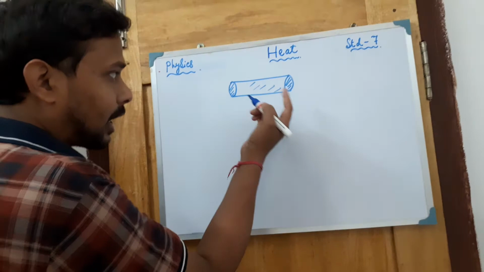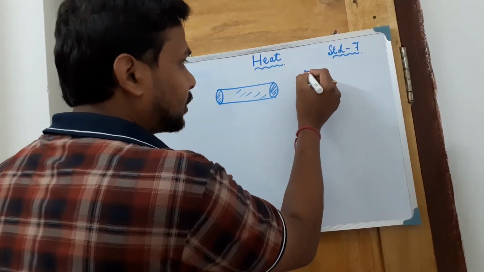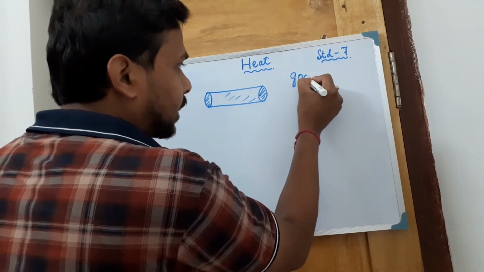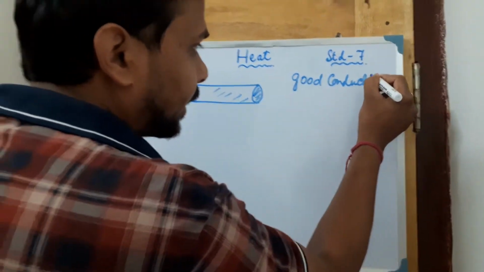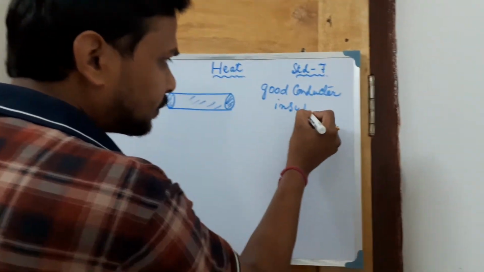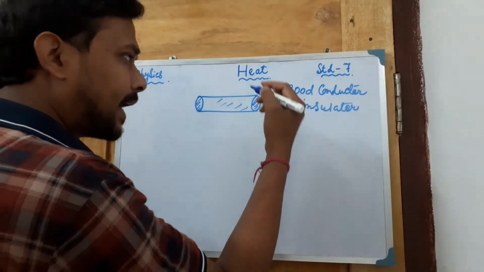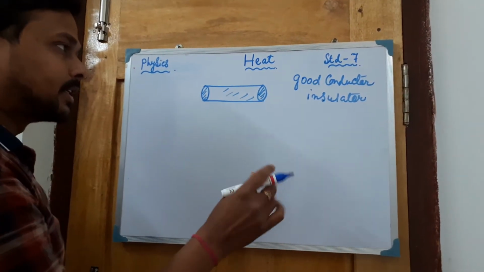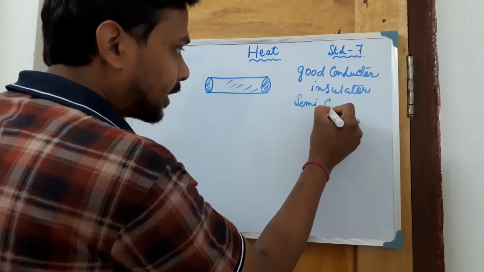First of all, how can you check whether it is a good conductor or a bad conductor? First, a good conductor. Next is an insulator, or you can also say bad conductor. Another type of conductor is present, which is not in your syllabus, although I am telling you: it is called the semiconductor.